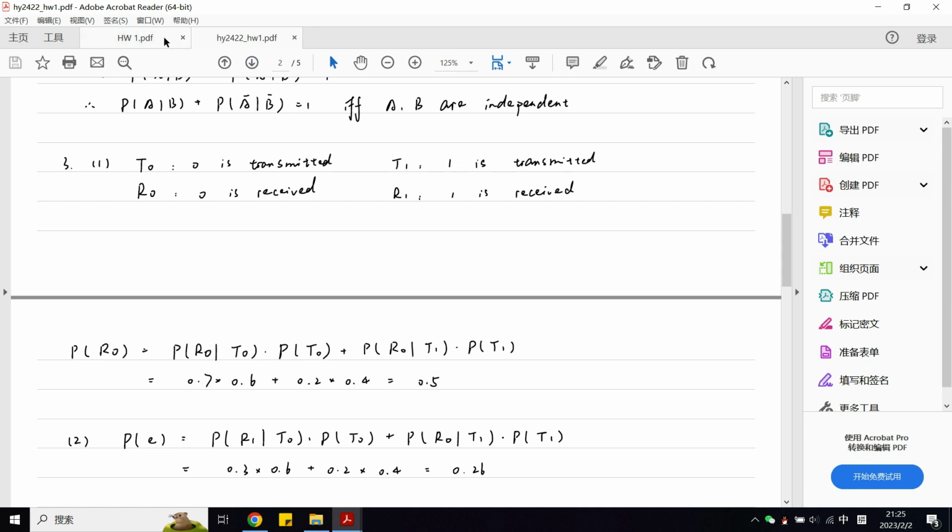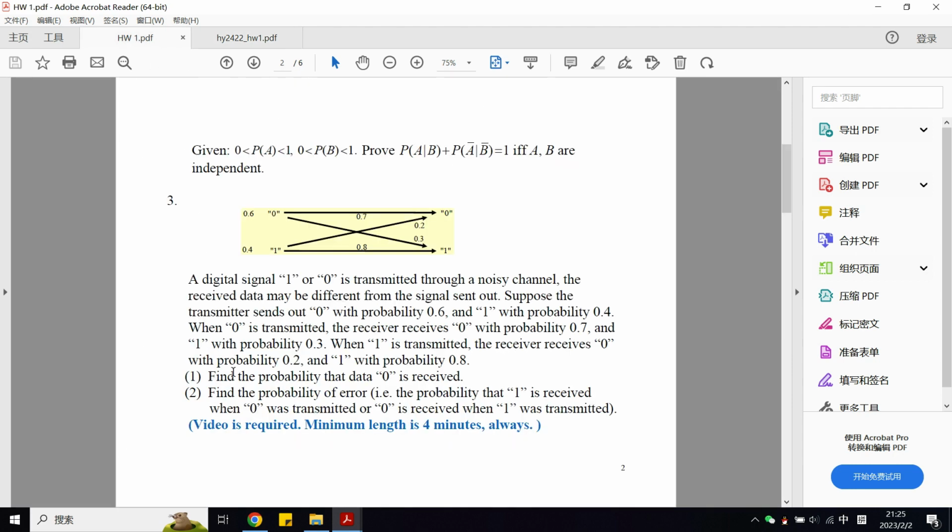Then we put this data into the formula, calculate, and finally the probability that 0 is received is 0.5. So that's the answer for question 1.